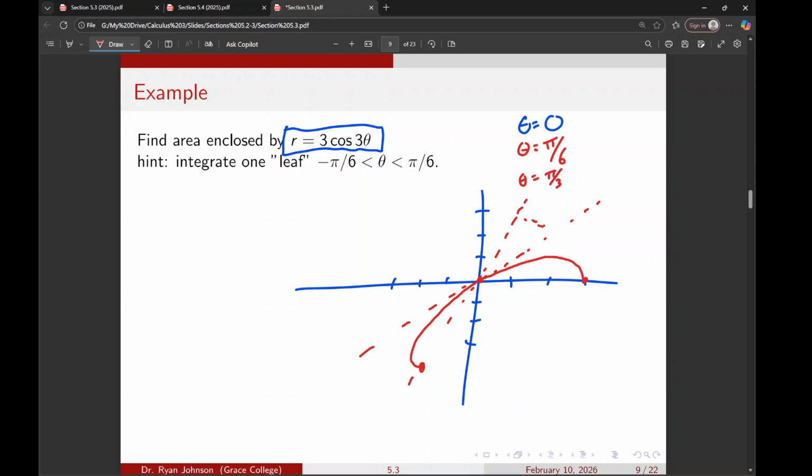Okay? And then similarly, when theta equals pi over 2, then 3 times pi over 2 is 3 pi over 2, and cosine is 0 then.